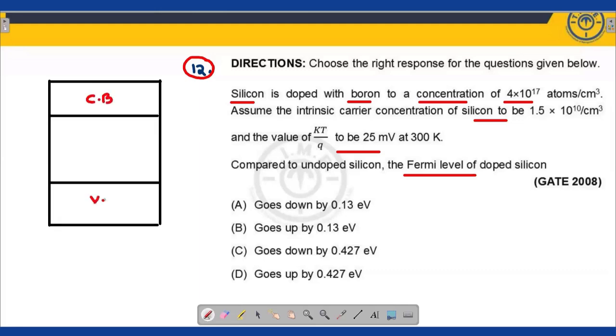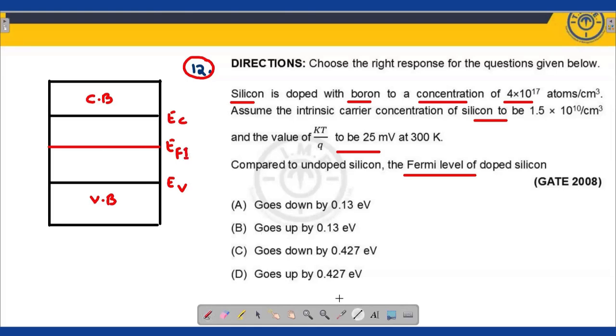This is the conduction energy level EC, and this is the valence energy level EV. Very, very important is that in an intrinsic semiconductor the Fermi level lies exactly at the center, here at EFI.